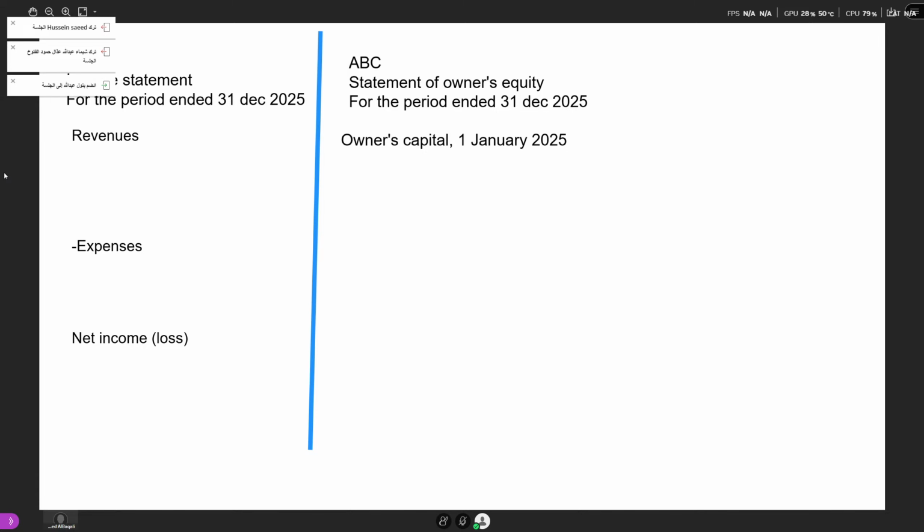So I'll start my statement with my capital at the beginning of the year, and then I will add any owner investment, because owner investment increases my capital.